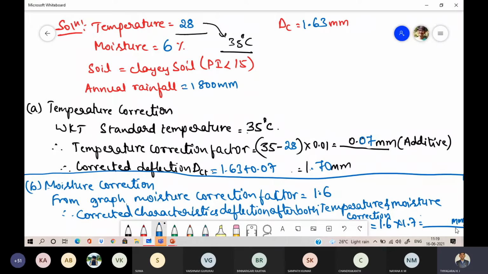1.6 into 1.7. What is the value you are going to get? Sir, 2.72. 2.72. That will be the characteristic deflection after temperature correction and moisture correction.